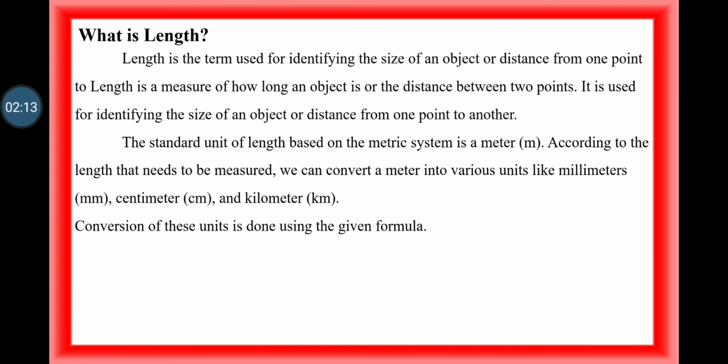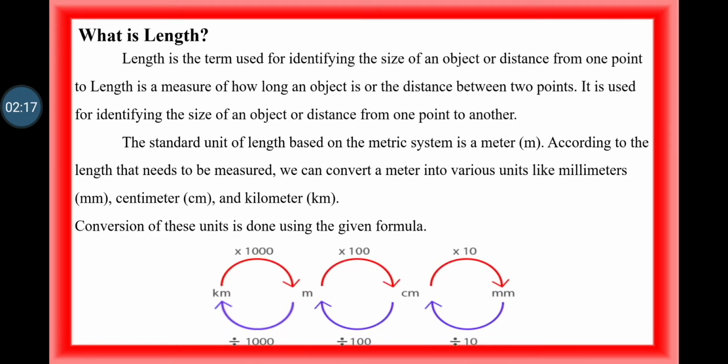So, we can convert these units by using this formula. This is the relationship between all the units of length. As kilometer is the biggest unit, then meter, centimeter and millimeter is the smallest unit.